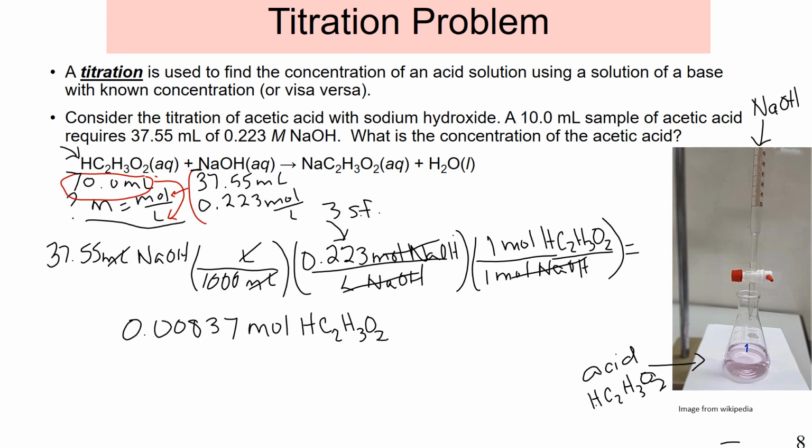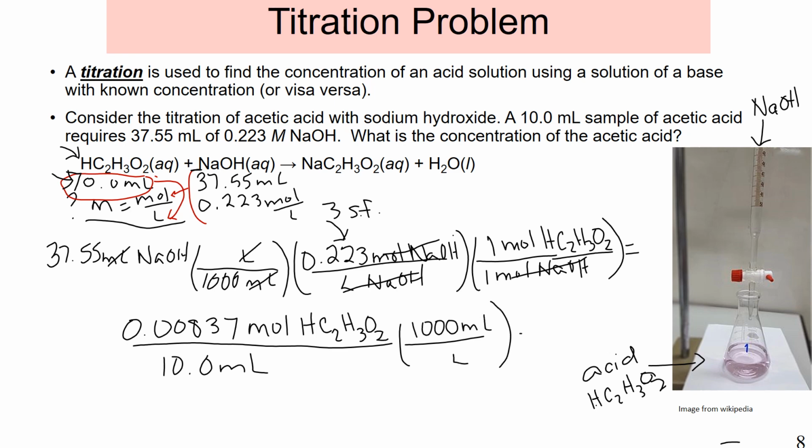Now what I wanted was molarity. So I'm going to take those moles and divide it by the volume. Well, I have the volume in milliliters, 10.0 milliliters, and I need to change that to liters, so 1,000 milliliters per liter, or I could just move the decimal, and that would work too.